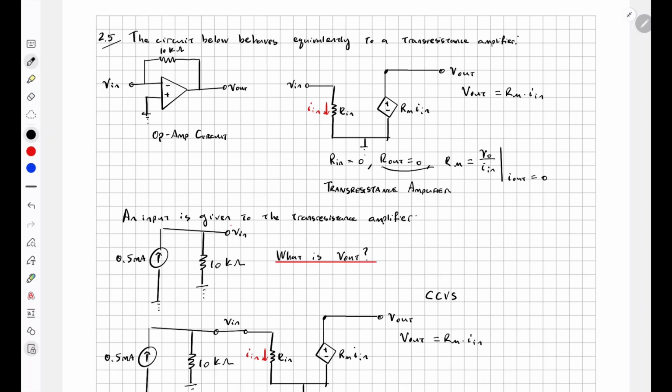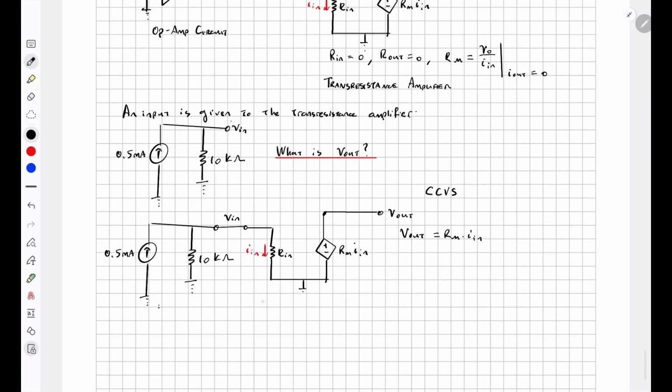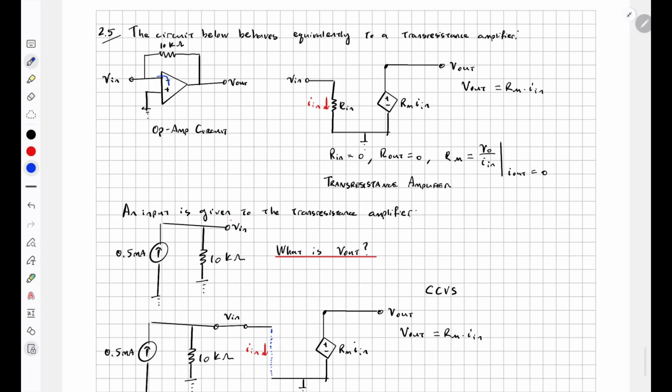So we can say that both Rin and Rout are equal to 0. So I'm going to draw this with a dotted line here for the virtual short circuit. Remember, the op-amp has not an actual short circuit, but a virtual short circuit between the input terminals.